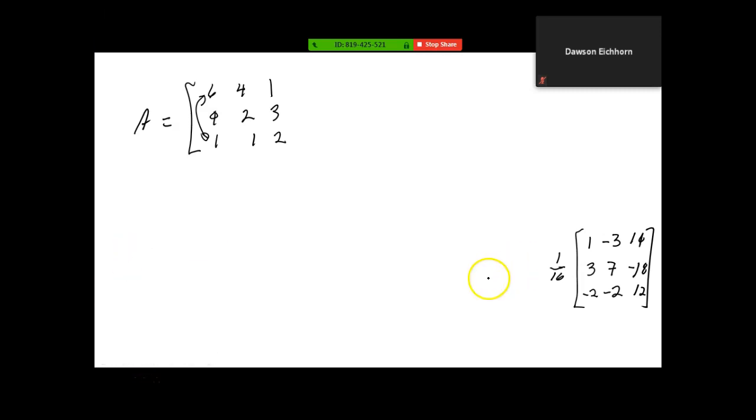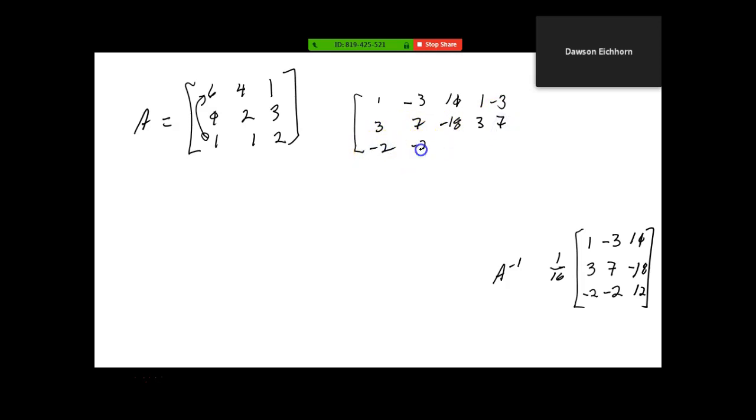Just to label what we've got, this is A inverse. Now, if I'm going to find the determinant of that inverse, let me expand this one. 1, negative 3, 10, 1, negative 3. 3, 7, negative 18, 3, 7.